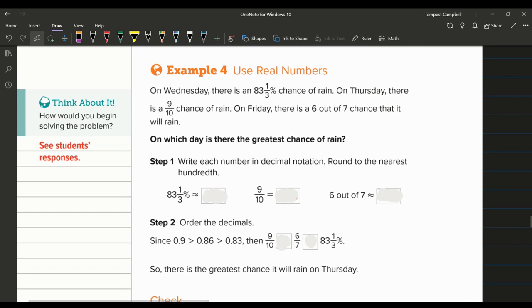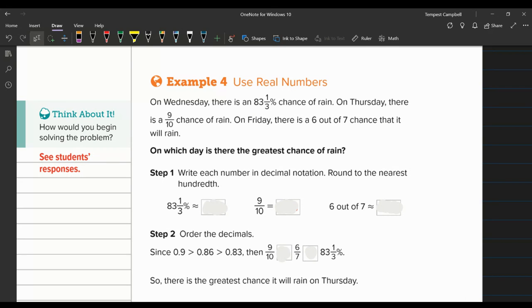Next example, it says on Wednesday, there is an 83 and 1/3% chance of rain. On Thursday, there is a 9/10 chance of rain. On Friday, there is 6 out of 7, which we write as 6/7, chance that it will rain. So on which day is the greatest chance of rain? So we're going to do comparison using decimals. When we plug this in, we're going to get 0.83. Plug this into our calculator, we get 0.9.